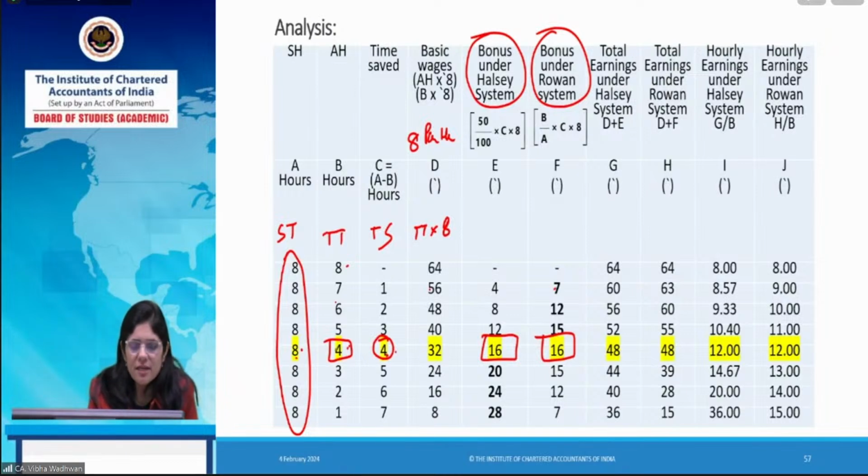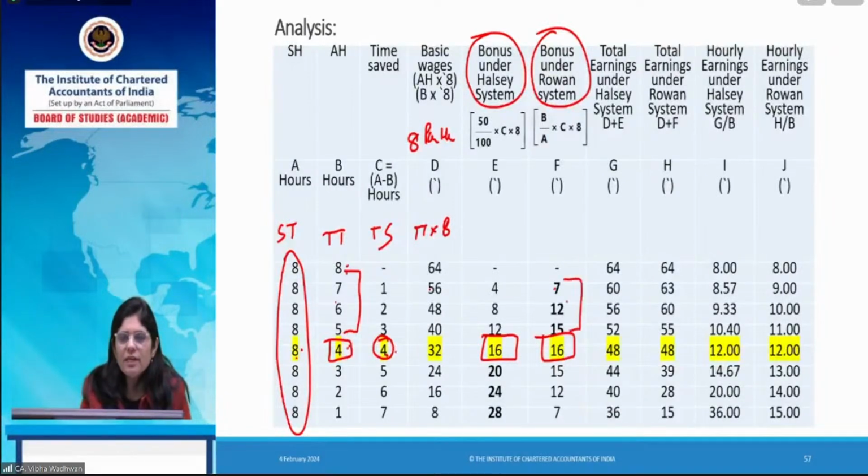If the time taken is more than 50%, that means time taken is 7 hours, 6 hours, 5 hours, the Rowan method will give you a higher bonus. But if the time taken is less than 50%, then the Halsey premium will give you a higher bonus.